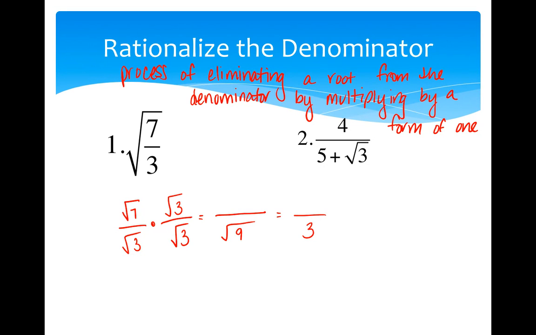So that radical goes away. In the numerator, I have the square root of 7 times 3, which is the square root of 21, and that doesn't simplify. So the square root of 21 over 3. We're not going to simplify that 21 over 3 because this 21 is under a root, this 3 is not.